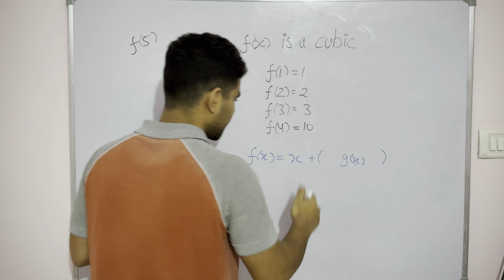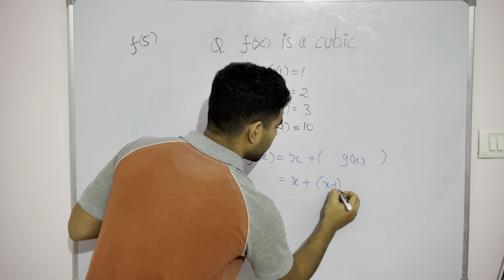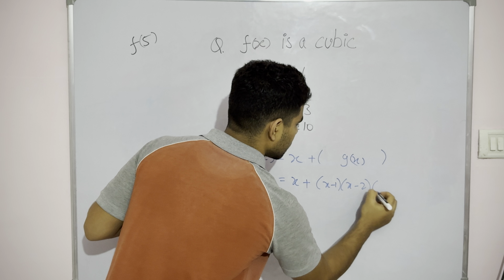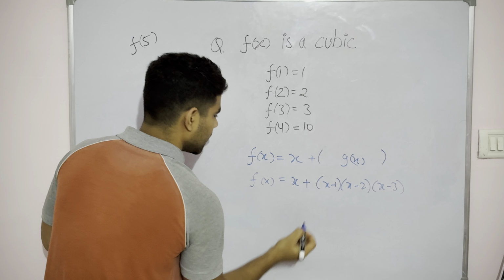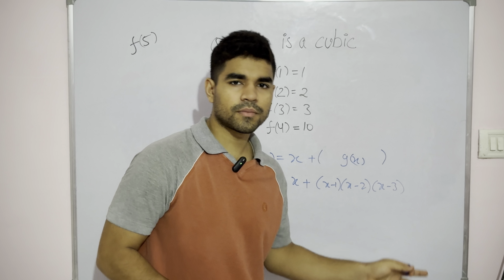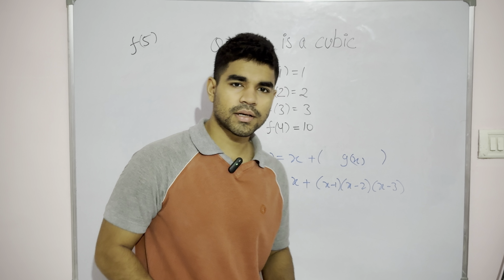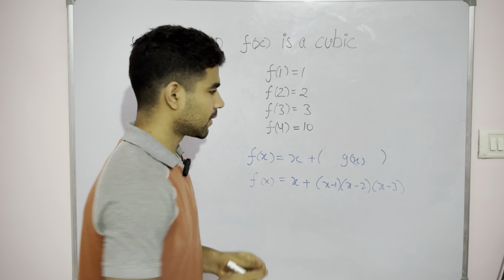So let's replace this g(x) with the cubic we are talking about, (x minus 1), (x minus 2) and (x minus 3). This is our f(x). Now this is not the only cubic polynomial which will satisfy the values 1, 2 and 3.